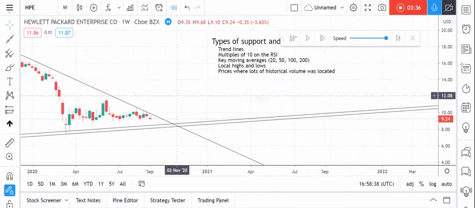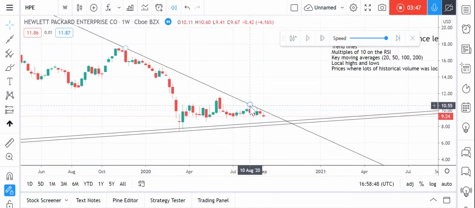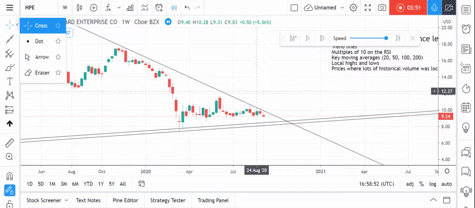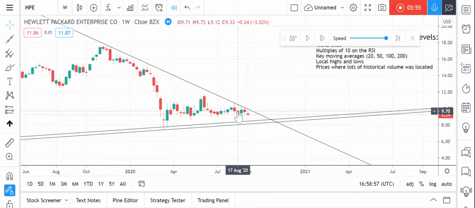And you can see that for about 4 weeks, this trend line offered major resistance. So I actually created this trend line on HPE. I was watching it at the time, and I created it more or less at the point we made this peak. And then I watched it for the next few weeks.